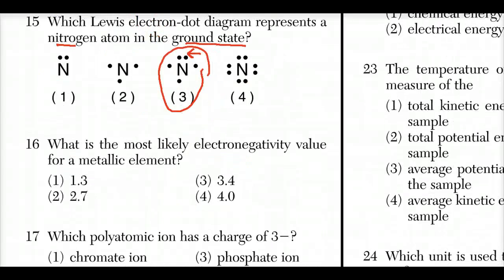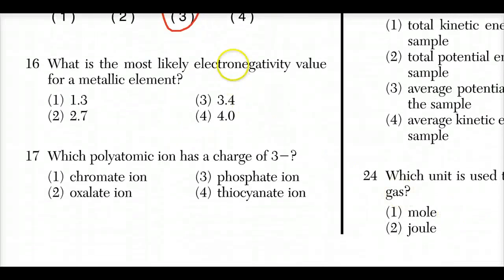All right. 16, what is the most likely electronegativity value for a metallic element? Metals notoriously are large atoms. Therefore, their electrons are farther away from the nucleus than other atoms, especially, let's say, nonmetals who hold on to electrons more tightly.